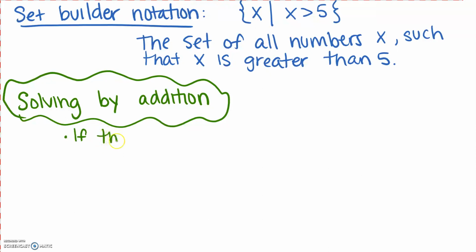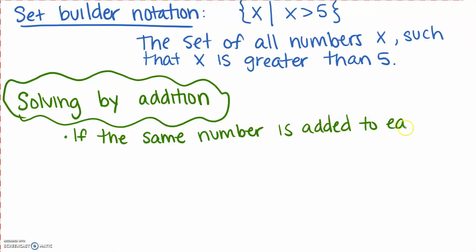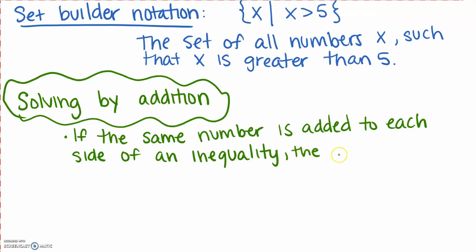So if the same number is added to each side of an inequality, then the inequality remains true.